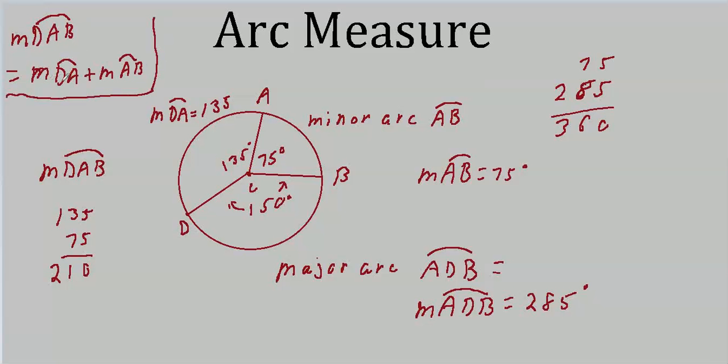And this is a very sloppy rendition of what's called our arc addition postulate. If you want to know what the arc measure is of an arc which is created by putting two arcs together end to end, you add them up. And I bet that's exactly what you expected it to be. And you're right. Like I said, this is going to be an easy section. And let's work some problems and see how easy they are.